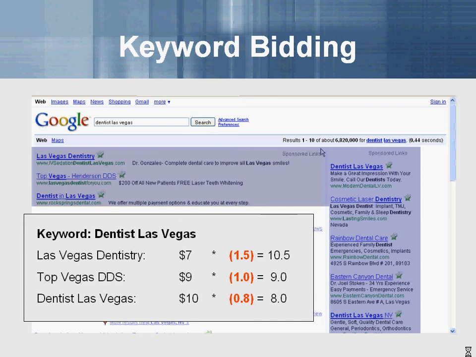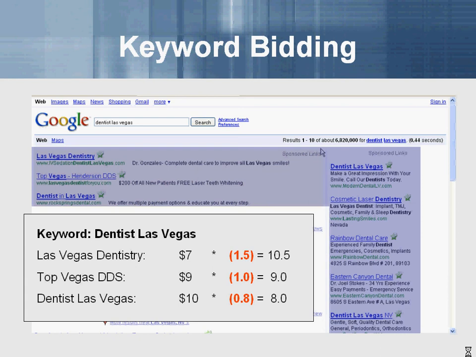Believe it or not, Google actually multiplies everybody's maximum bid times a multiplier that they refer to as a value score, and then that creates the number that creates the rankings. So you can see Las Vegas Dentistry here. If their max bid was $7, but they had a value score of 1.5, they actually could be the top listing and actually paying the least amount for that listing.